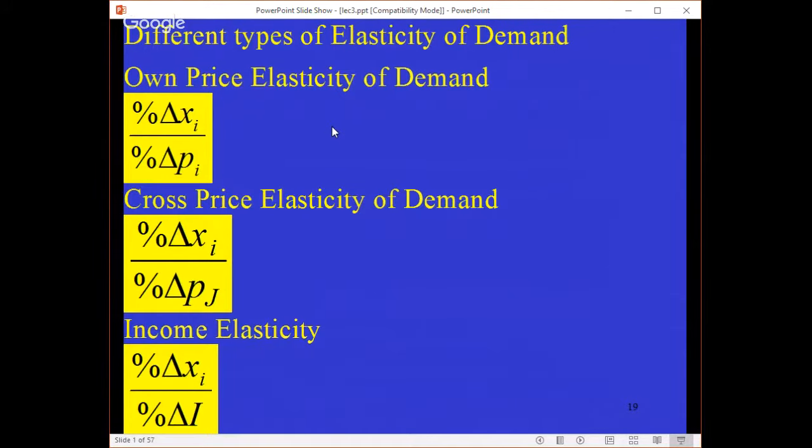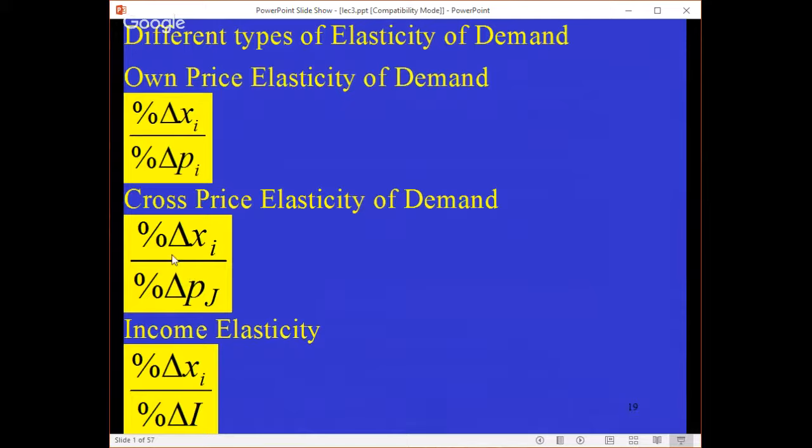So we've talked about, up to this point, general elasticity, which we call price elasticity of demand. It's the percentage change in XI over the percentage change in PI. We also have different elasticities of demand. The next one we're going to talk about is cross price elasticity of demand.